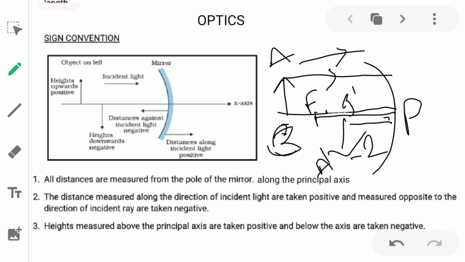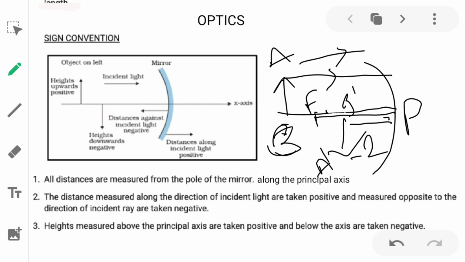We are measuring the focal length from pole to principal focus towards left, which is opposite to the incident light, which is towards right. So your focal length can be taken as minus, because the measurement is opposite to the direction of the incident ray. So this is all about the sign given to the measured distances.